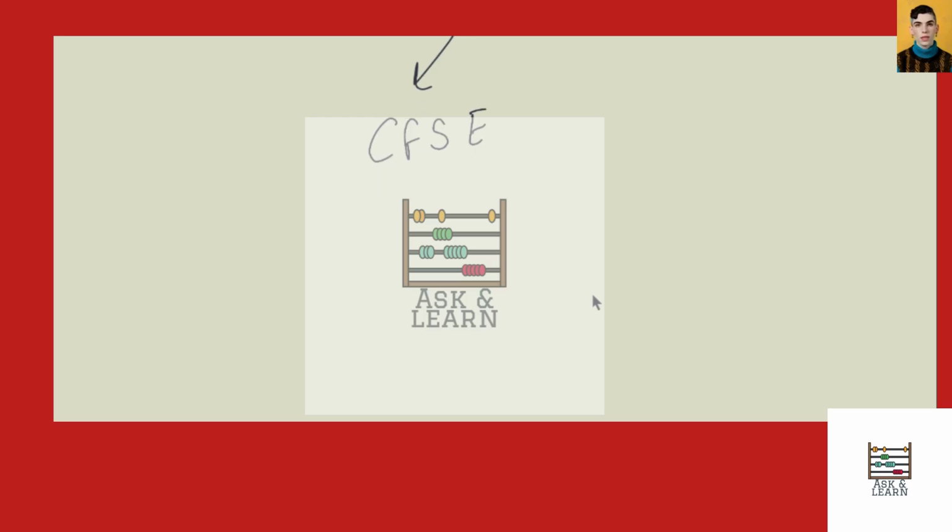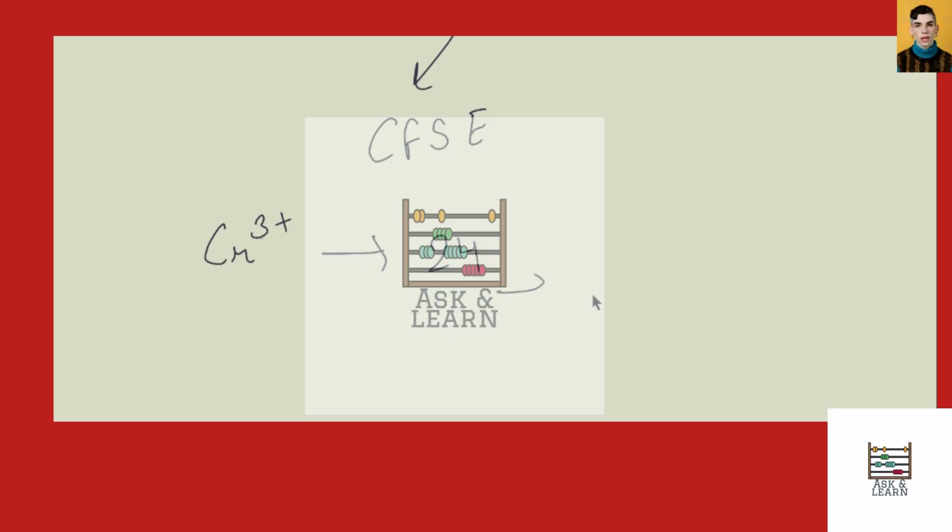Now note that chromium 3+, if you just find out the atomic number of chromium, counting scandium, titanium, vanadium, chromium, it comes out to be 24. And there is a 3+ charge over here.